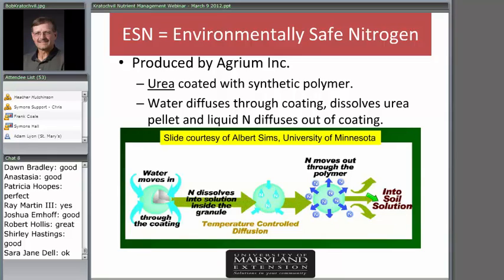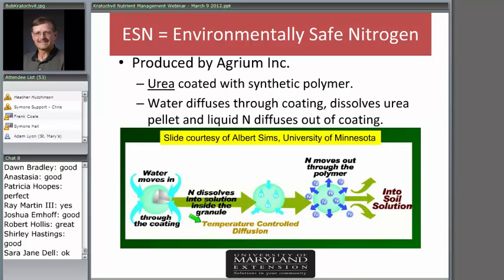Now, this is all well and good. It's a very slow release type of fertilizer. The disadvantage to this system is that it is temperature controlled. Typically not a problem if it's used during our corn season. Where I've seen issues with it is where folks have tried to use it as a fertilizer for small grains.